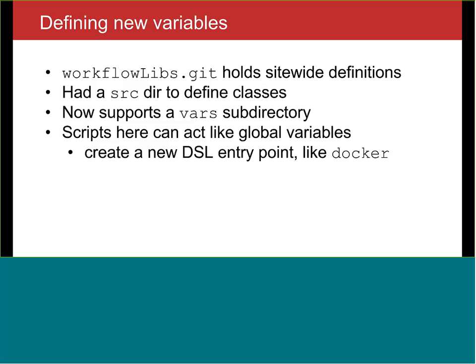So there's long been a special Git repository hosted by Jenkins called Workflow Libs. And this is a place that you can put definitions of components of workflow builds that should apply over the entire site.